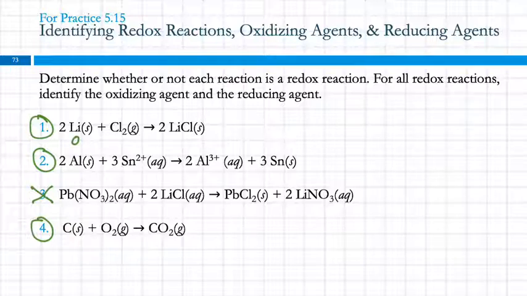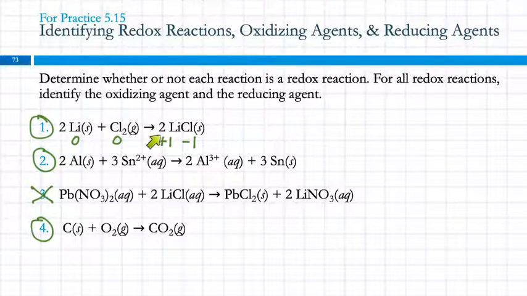And for chlorine? 0. They're elements by themselves. Here we have an ionic compound, lithium chloride. Because it's an ionic compound, we can just look at the ion charges. What's the charge on the lithium? +1. And on the chlorine? -1.